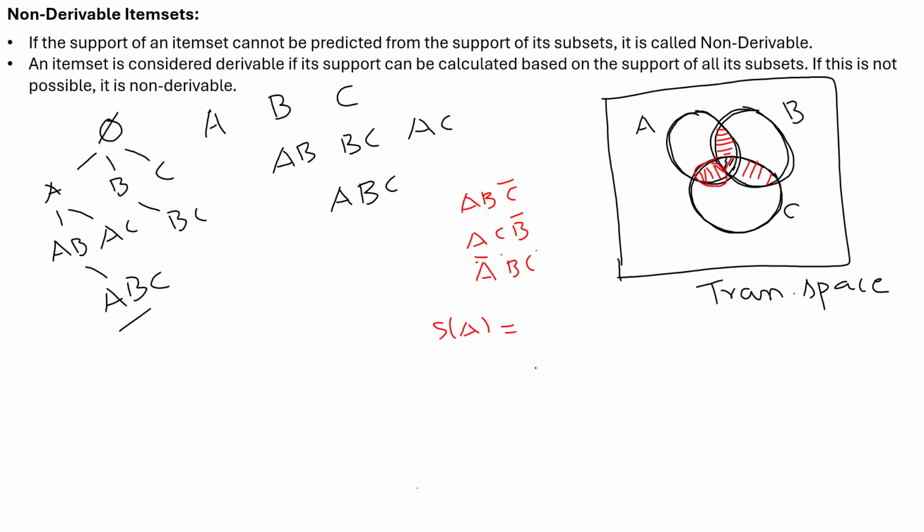Now I'm just trying to write what is S of A. S of A can be written as S of AB, which is this area, plus S of AC minus S of ABC.